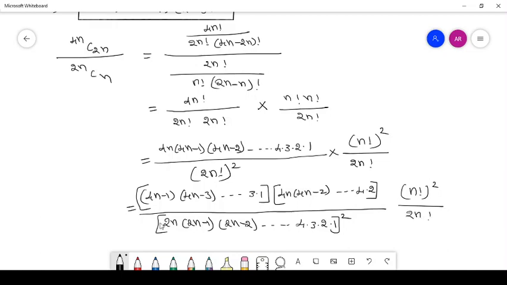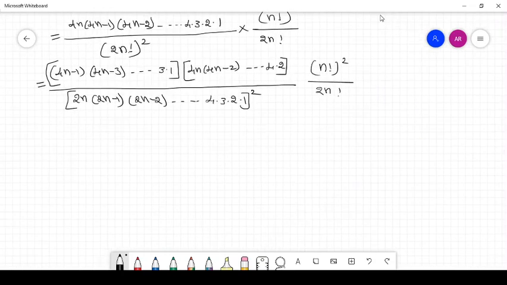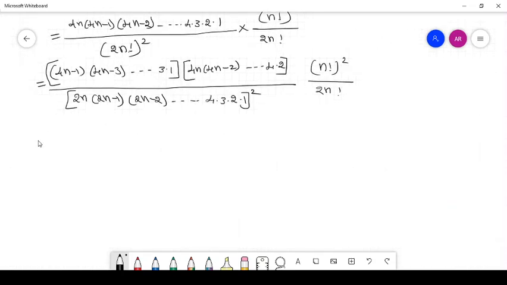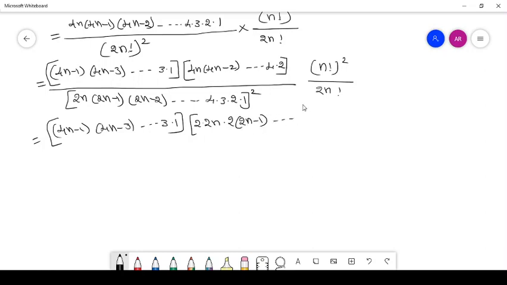We keep this as it is. Next, it is equal to 4n minus 1, 4n minus 3 up to 3 into 1. We are not doing anything to this, because this is the value that appears in the result. Next, here 4n can be written as 2 into 2n, and all are even numbers, so we take 2 outside. Even number means exactly divisible by 2, so 2 is common, and this is 2n minus 1, up to 4 which can be written as 2 into 2, and 2 as 2 into 1.